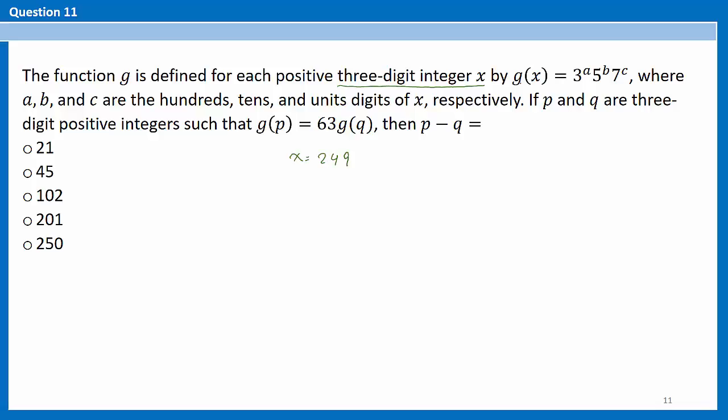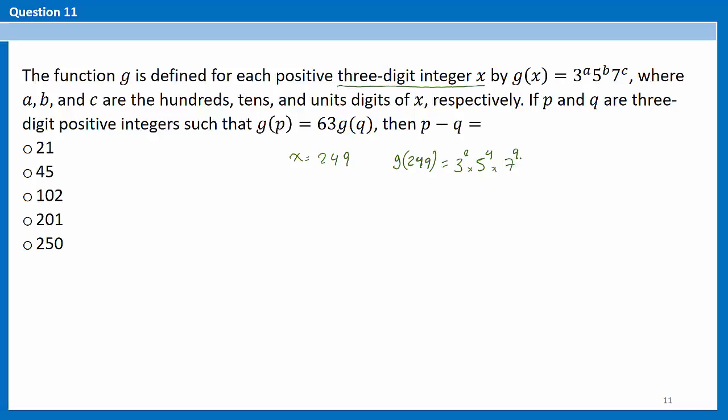Then g evaluated at 249 would give me 3 to the power a, which is the hundreds digit, so 2, times 5 to the power b, which is the tens, in this case 4, and 7 to the power c, which in this case is the units, 9.